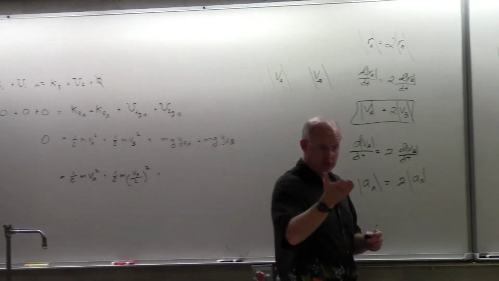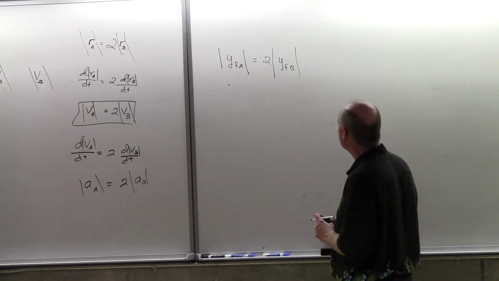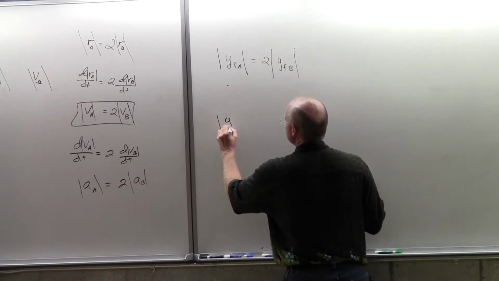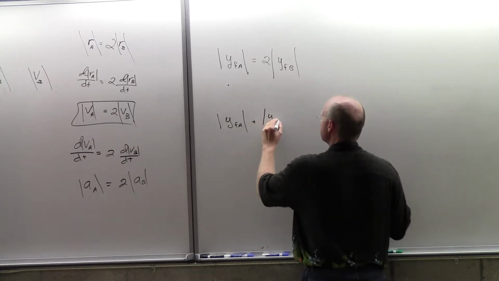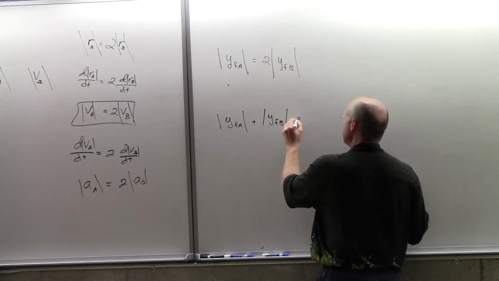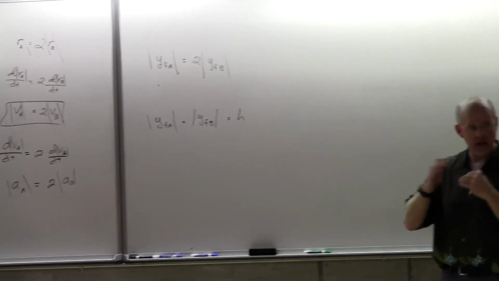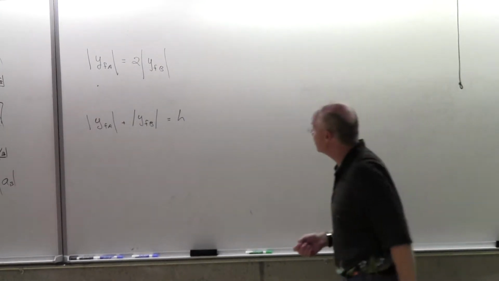But one of you saw this in terms of the absolute values. If you take just the absolute value of A and the absolute value of B, isn't that H? I mean, that's what they're saying here, right? Is that, hey, we're going to be separated by H. So one goes up and one goes down.